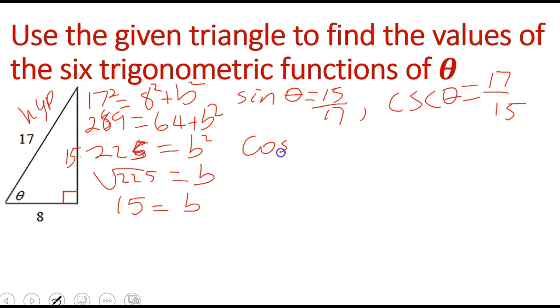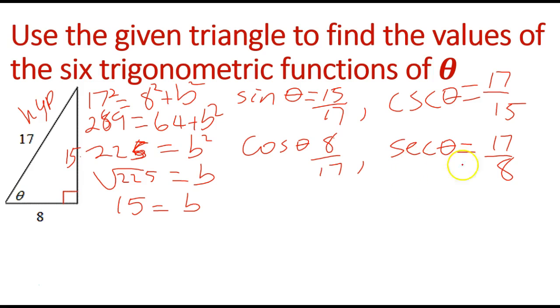And cosine theta is adjacent over hypotenuse, so it's 8 over 17. And secant theta is 17 over 8. Again, you flip, the reciprocal of cosine.